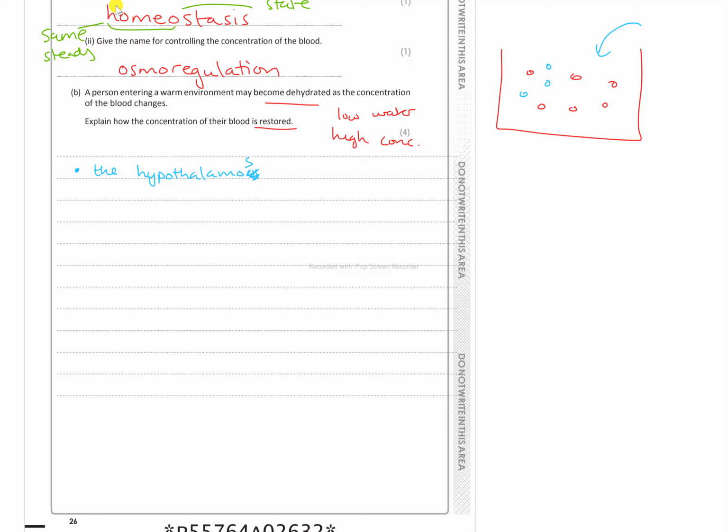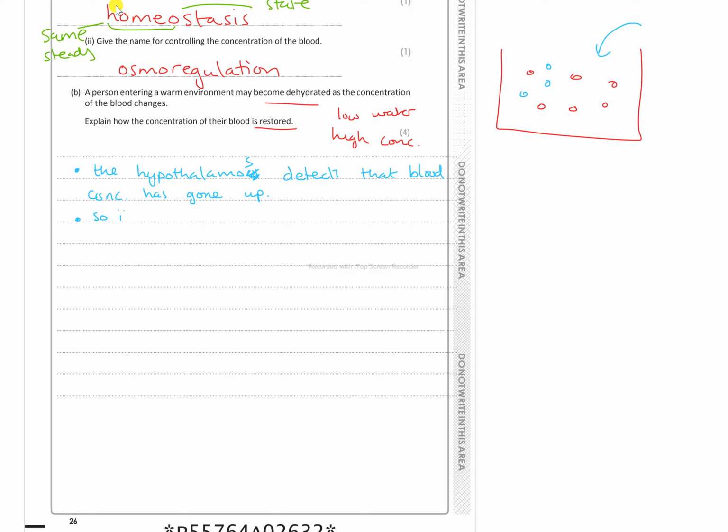The hypothalamus detects that blood concentration has gone up.